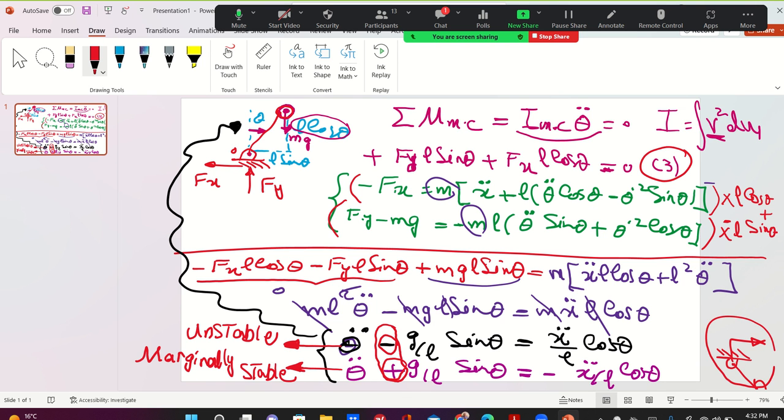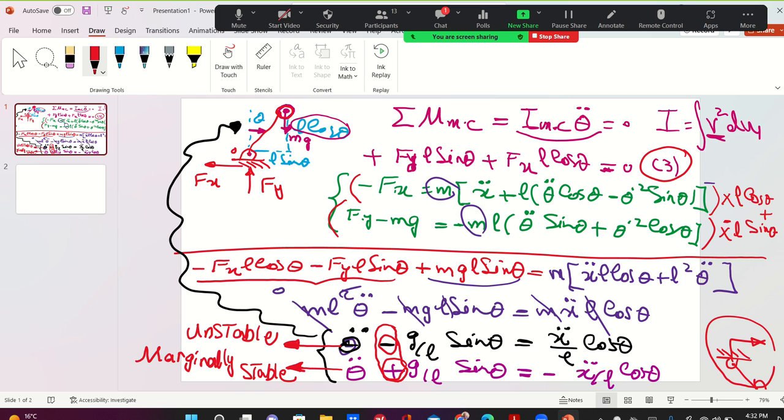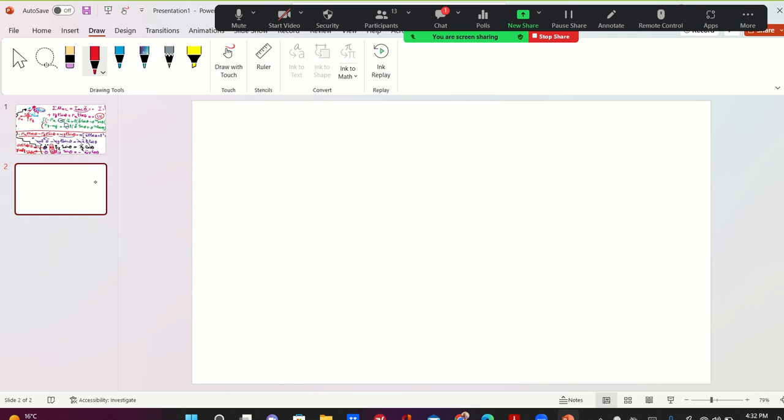This was the moving pendulum. Right? Okay. So can I go to the next page to see what's happening here? Can I?